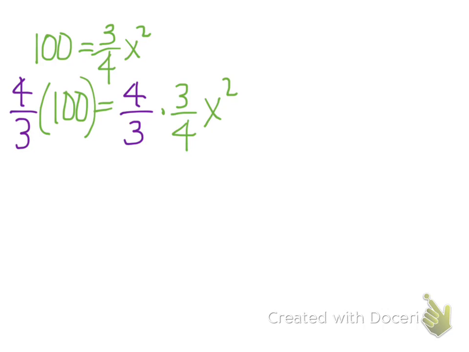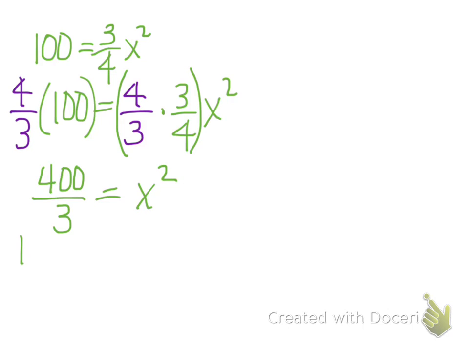And then what's happening is this becomes 1, right? So now I have 4/3 times 100, which is going to be 400 thirds, 400 over 3, is equal to x squared. And if I simplify this, this becomes 133.3 repeating.